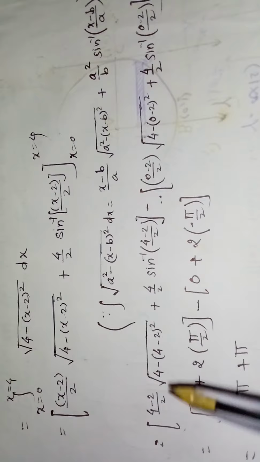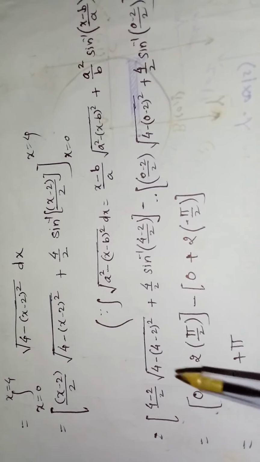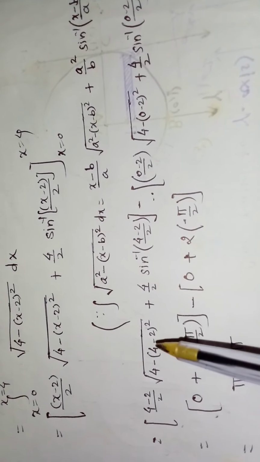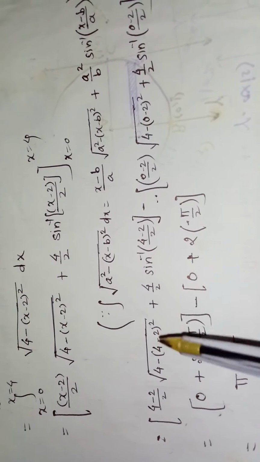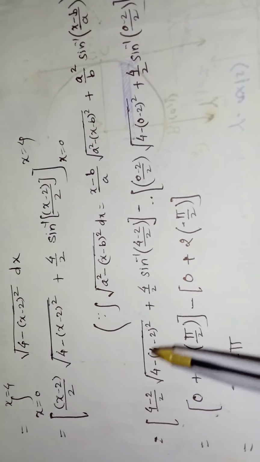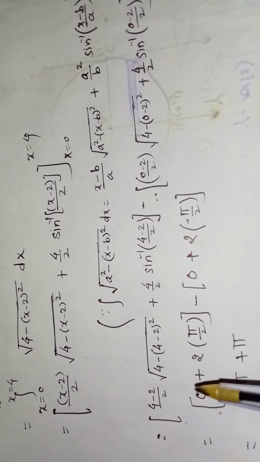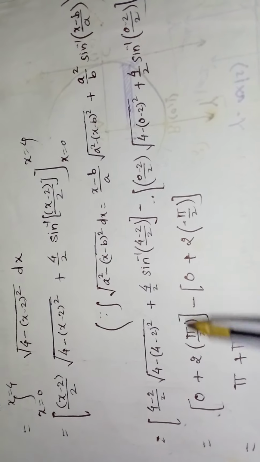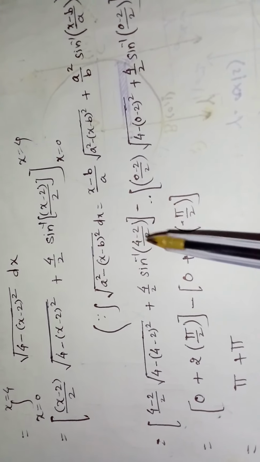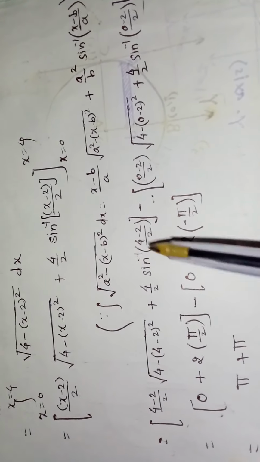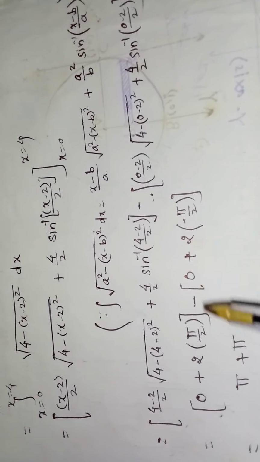Now after simplifying this, I will get the first term 0, because 4 minus 2 is 2, squared is 4, so 4 minus 4 is 0, so due to this square root the whole term will be 0. Therefore this will be 0 plus 4 upon 2, that is 2, times sine inverse of 2 upon 2, that is 1, so sine inverse 1 is nothing but pi by 2.